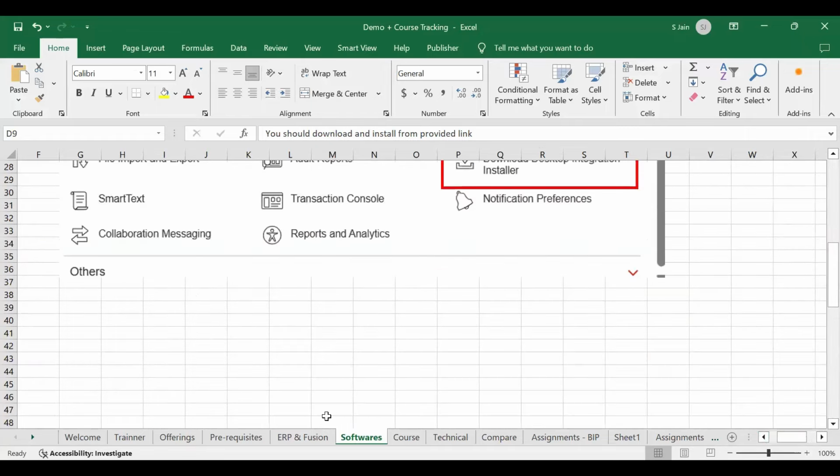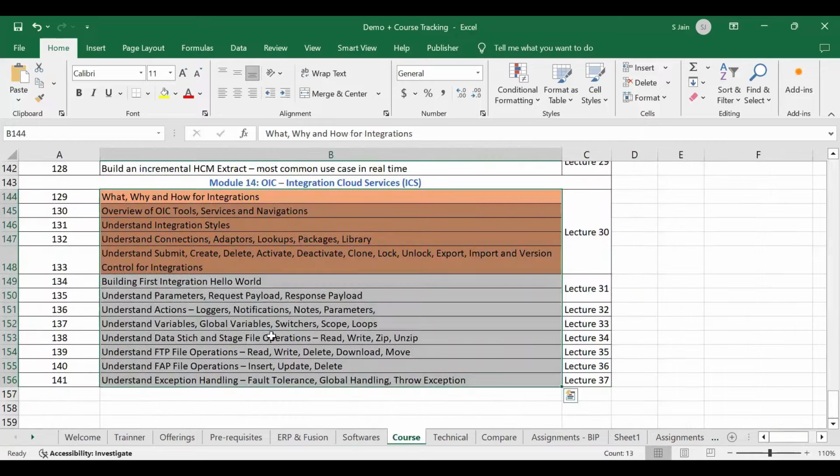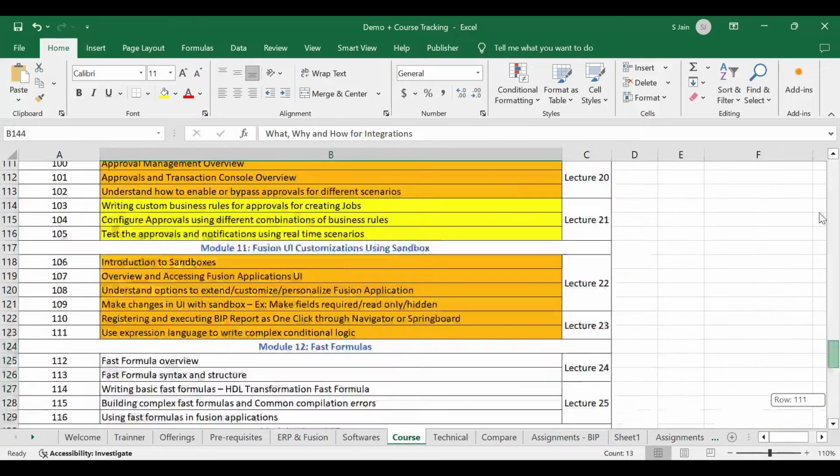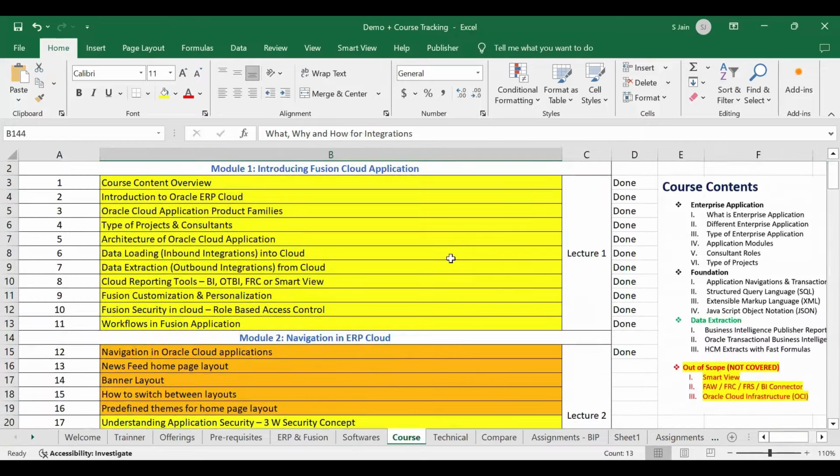Guys, talking about the course, we have a very extensive list of course material that we are going to cover. We will initially cover what this course is all about, what an ERP application is, what the different product families are, what types of projects there are, and what the different consulting roles are.